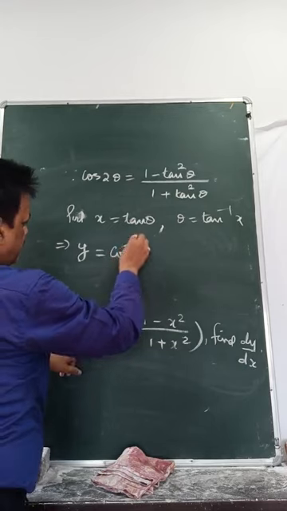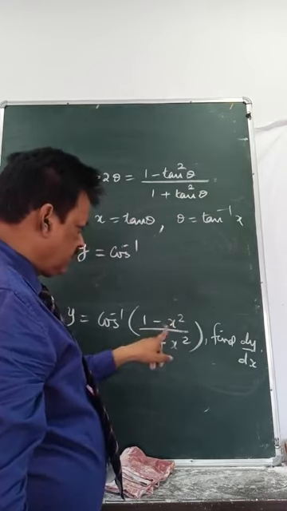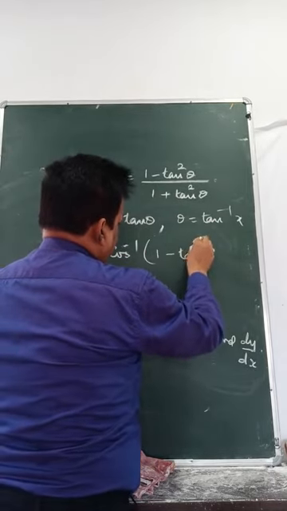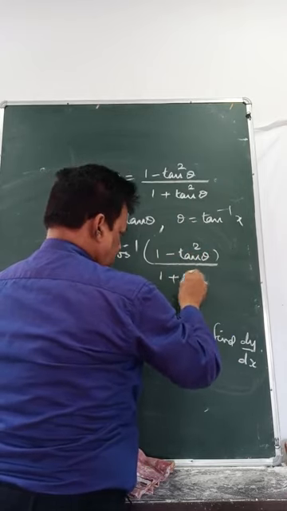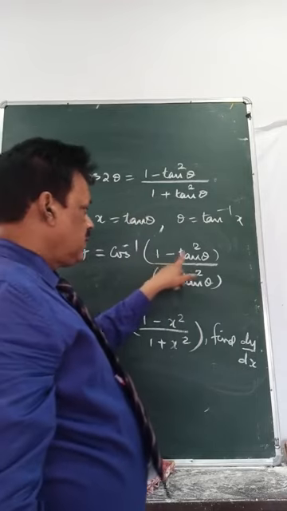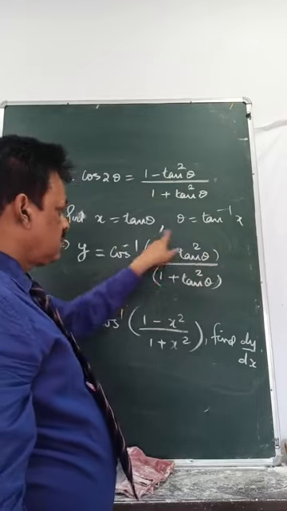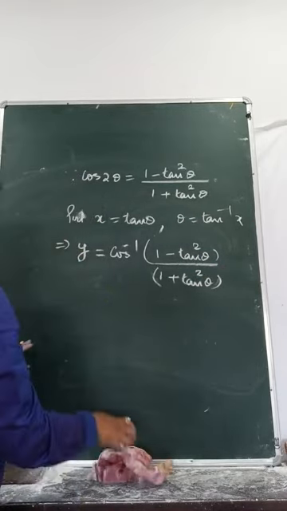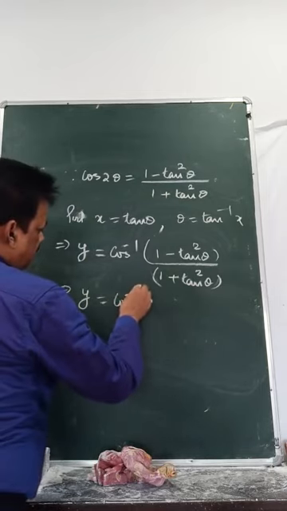Cos inverse of 1 minus tan square theta by 1 plus tan square theta. This becomes the cos formula for us, so y equals cos inverse of cos 2 theta.